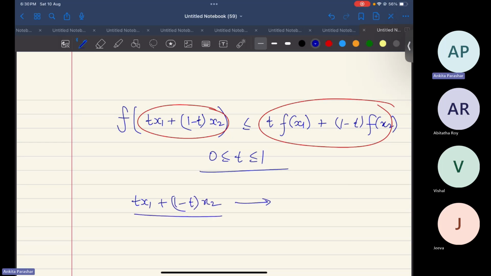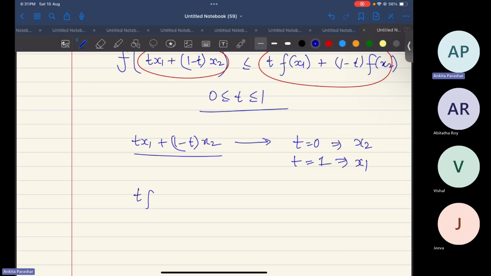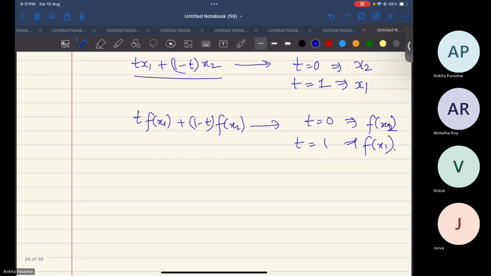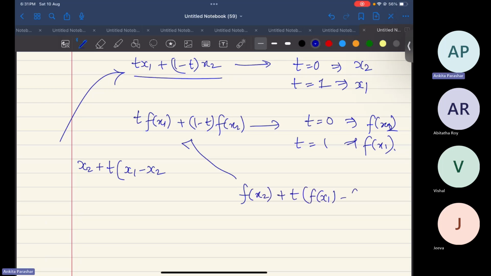T equal to 0 gives me x2, t equal to 1 gives me x1. For t f of x1 plus (1 minus t) f of x2, t equal to 0 gives me f of x2, t equal to 1 gives me f of x1. You can also write it as x2 plus t times (x1 minus x2), and f of x2 plus t times (f of x1 minus f of x2).